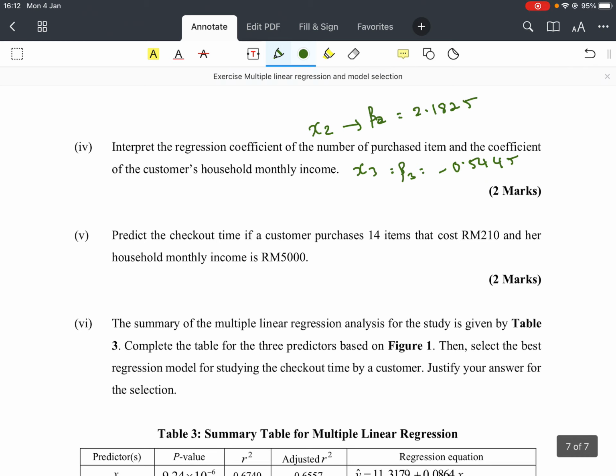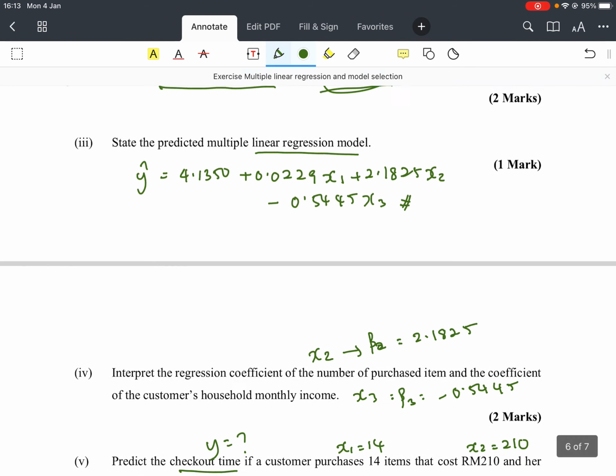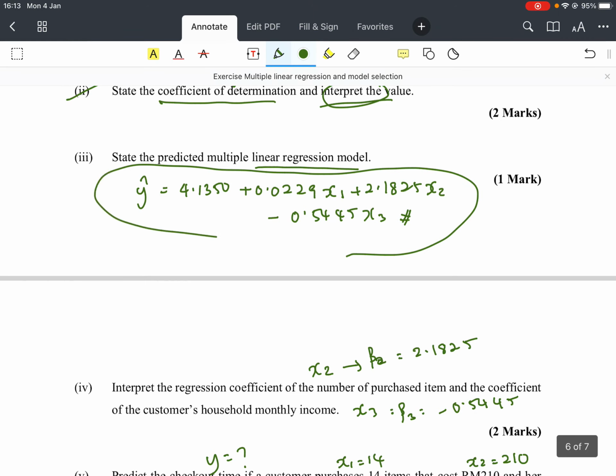Number 5, predict checkout time. They give you x1 equals 14, x2 equals 10, and x3 equals 5,000. Just put x1, x2, x3 into this equation, then you will get y.